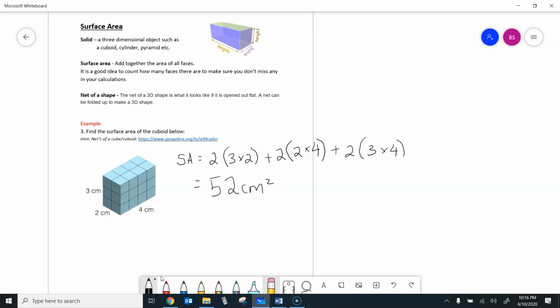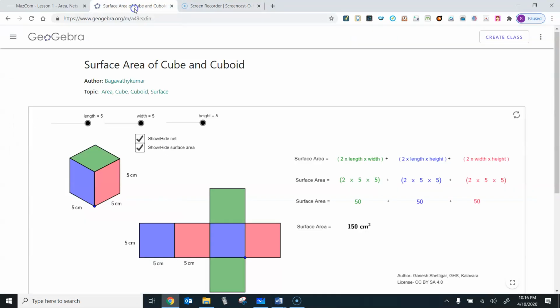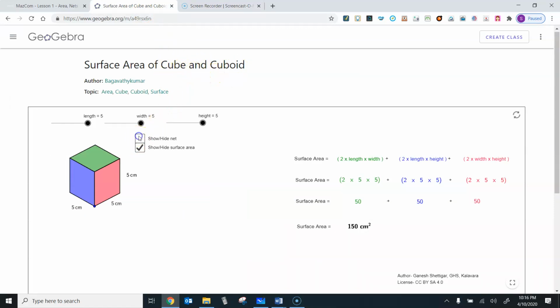Now, if we want to use a net, we can draw a net, or I've actually got an applet here that you can click on and have a look at. I've already opened it, so let me go to this applet. It's here. And this is for a cube or cuboid. So I'm just going to untick these first, and I'm going to put in the measurements.